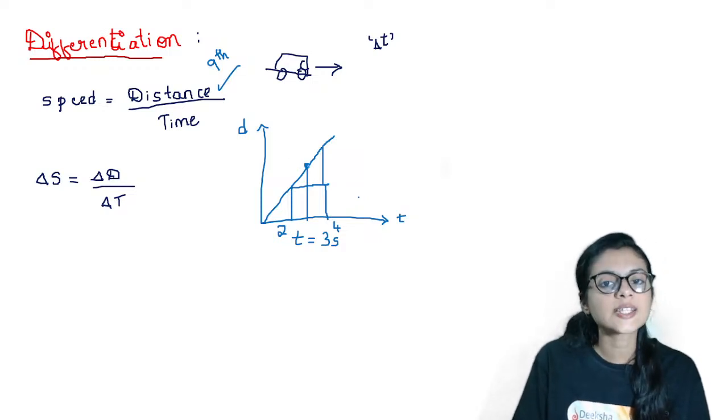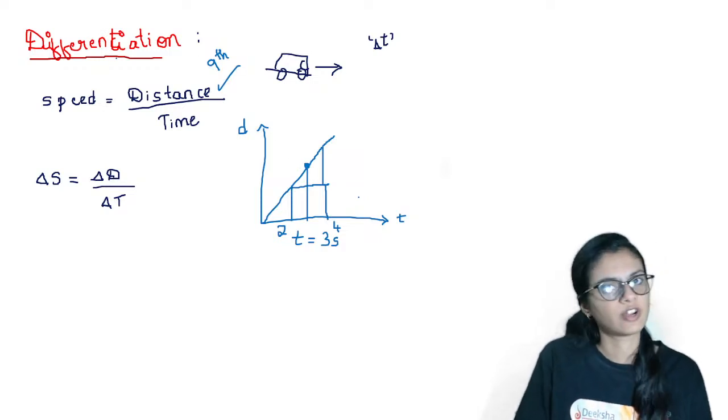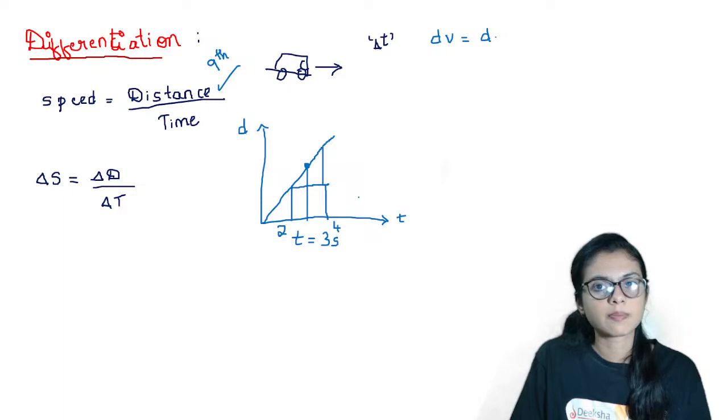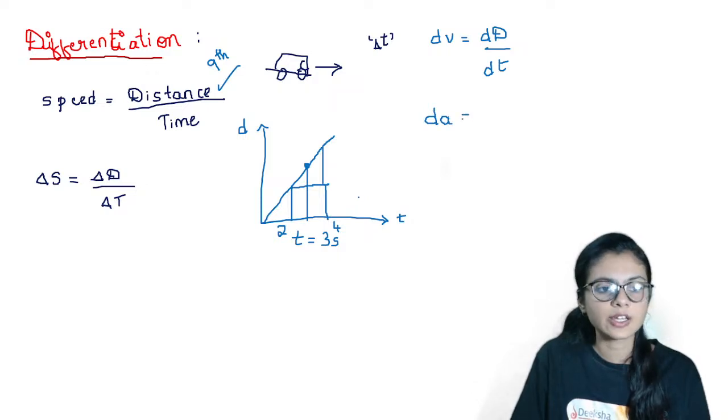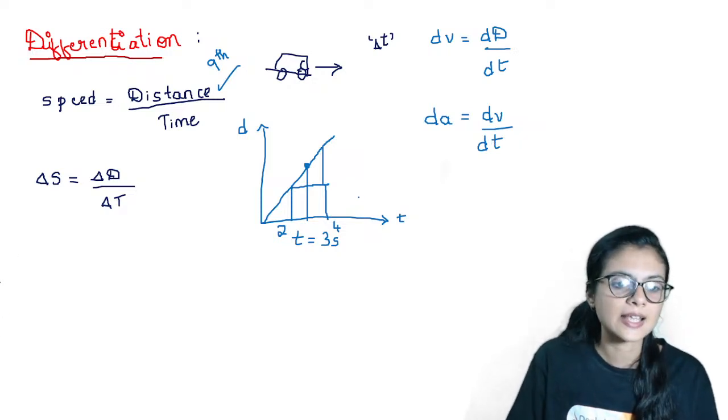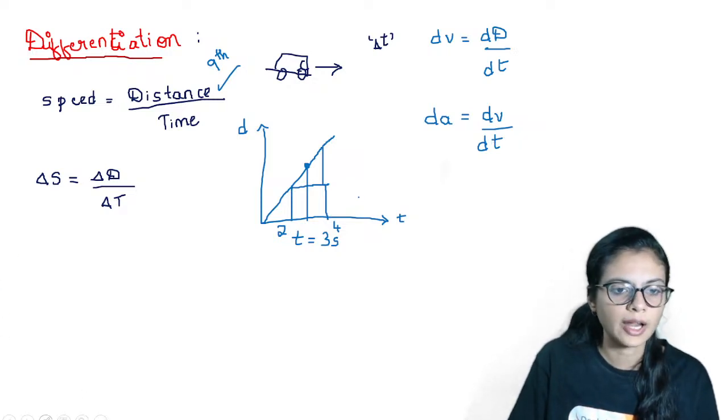So to find these kinds of slopes, we will use differentiation, right? Hence it is called dv, that is distance by time, or dA, that is acceleration, is equals to dv by dt, right? So we'll write these kinds of small quantities as dv, dt and all, right?